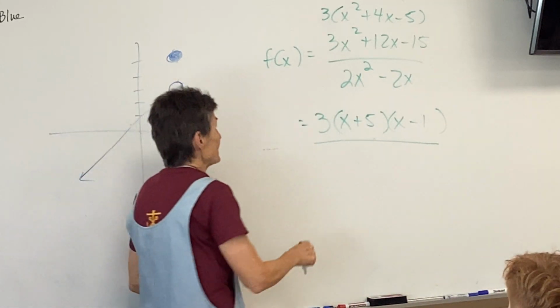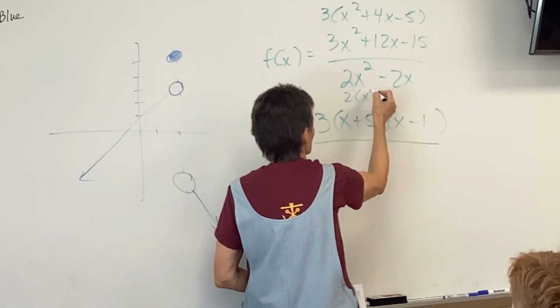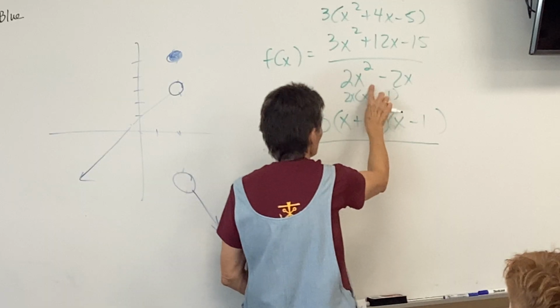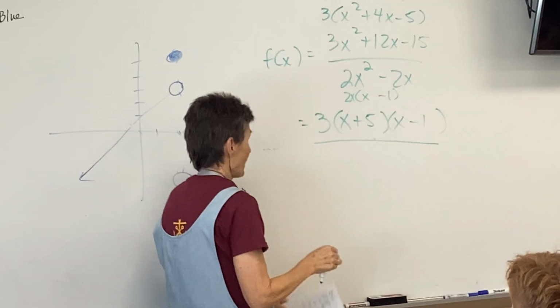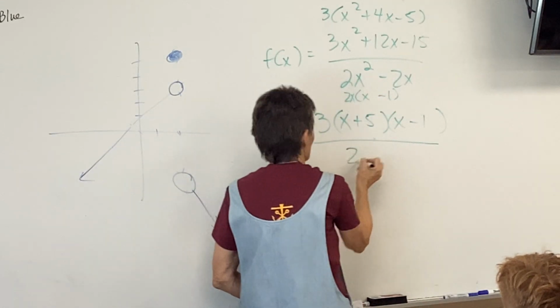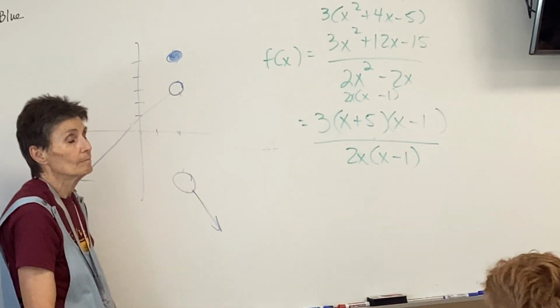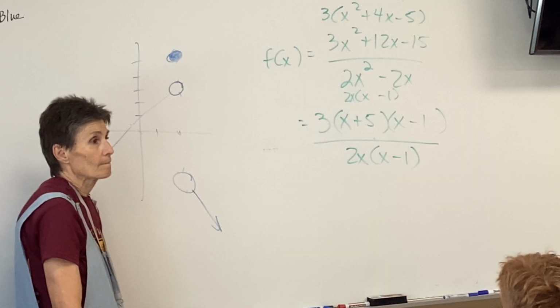And then we can take a 2x out of the denominator, and that's what I would have. Cancel out for a whole.